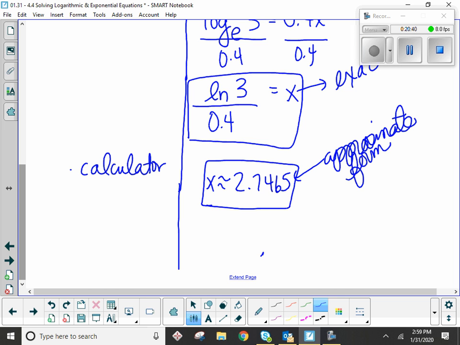Ish. That's why it's approximate. It says approximate form.